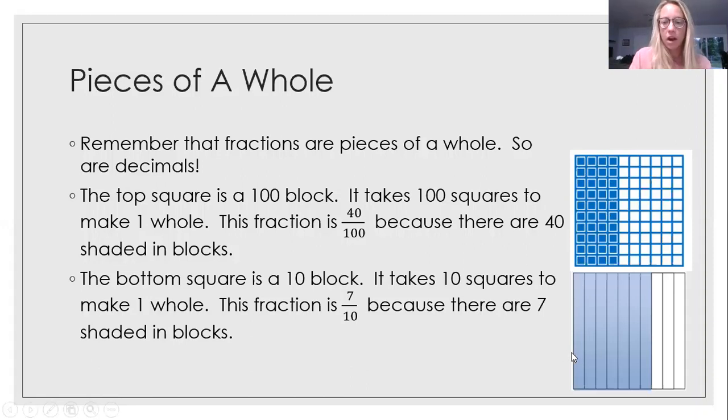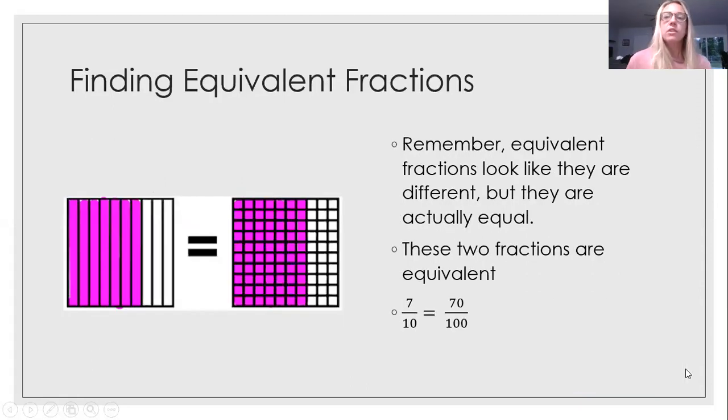In the bottom block, there are 10 rectangles. This would make it tenths. It takes 10 rectangles to make one whole. The fraction represented by this area would be 7/10 because there are 7 shaded in blocks out of 10 total blocks.